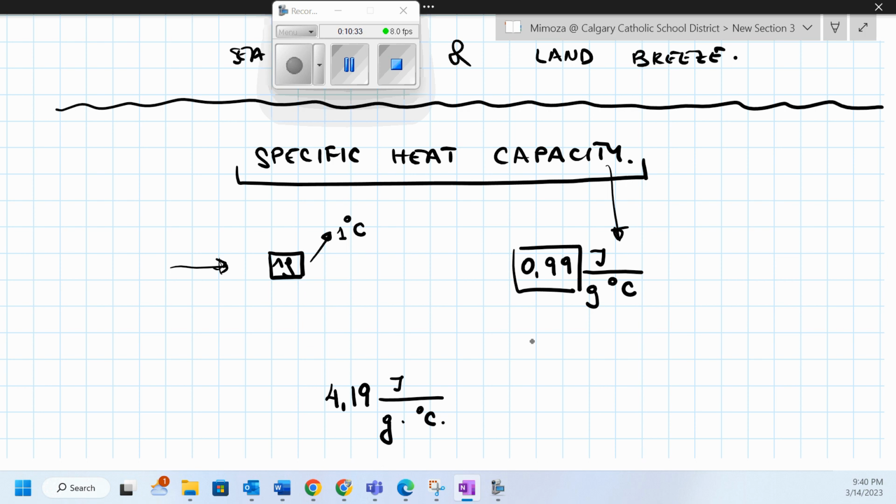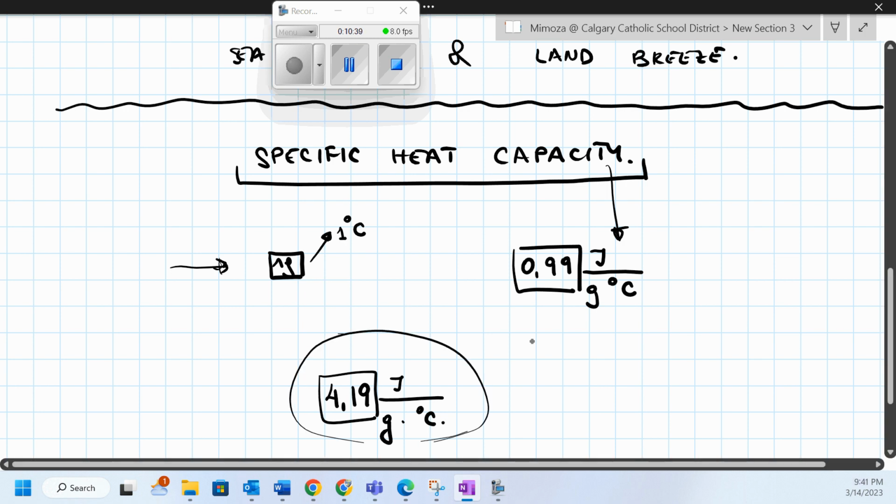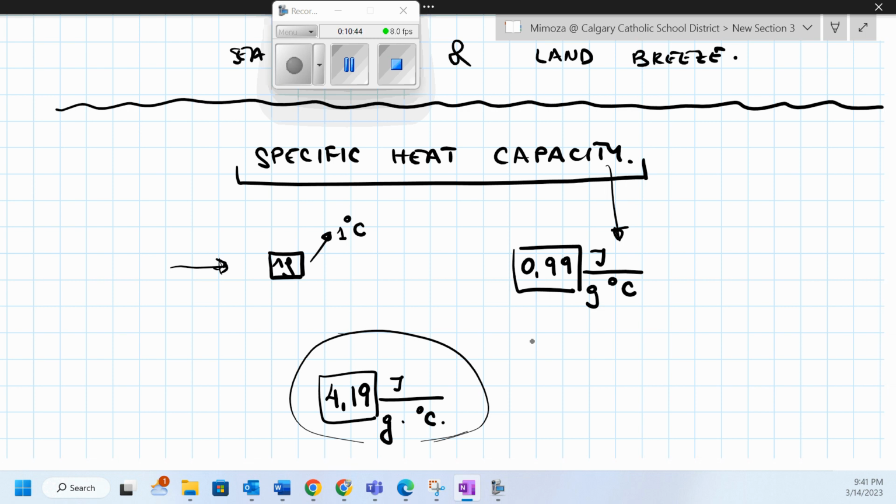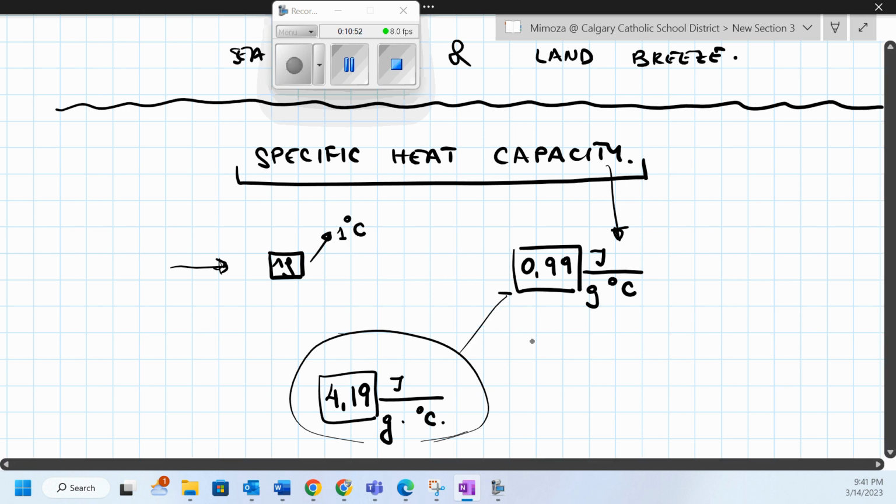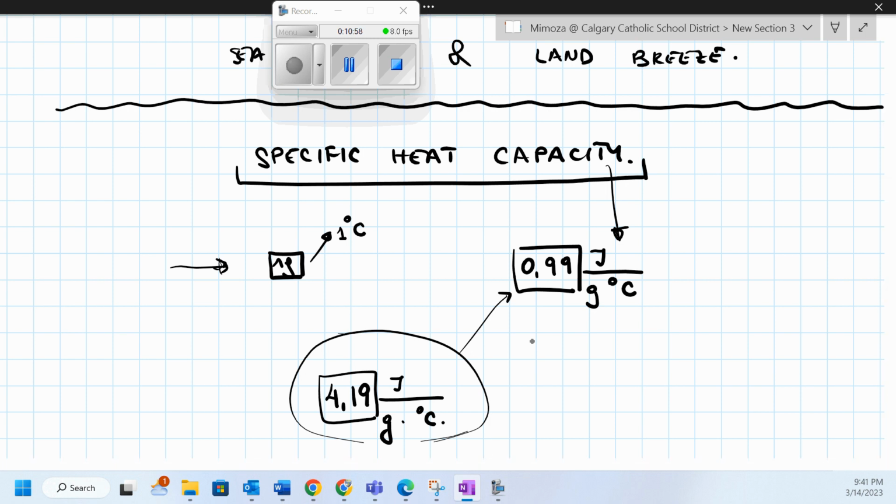If we compare those two numbers, we can say that this material that has a higher specific heat capacity absorbs more heat than this material that has a value of 0.99. And this is the meaning of specific heat capacity.